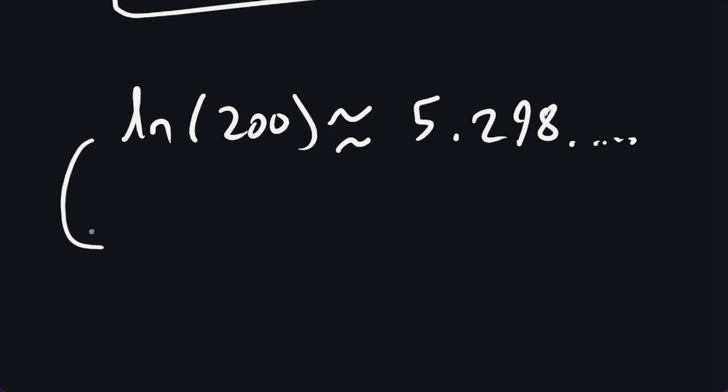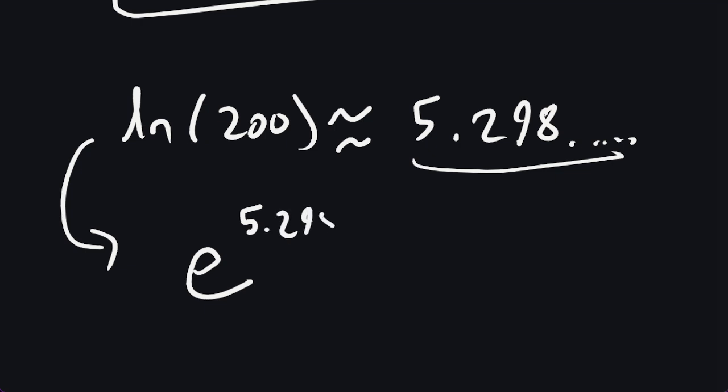This means that if you raise e to the power of roughly 5.298, you will get 200.